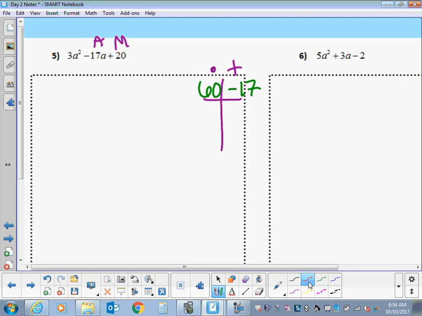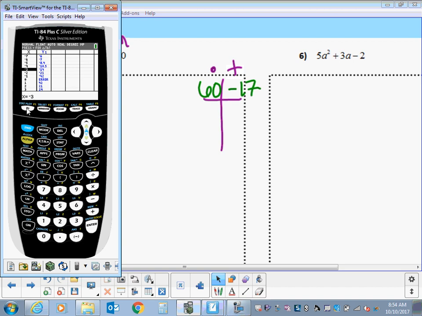Alright, if I were you, I would use my calculator. These numbers are kind of big. We'll go to y equals. 2 numbers that multiply to give me 60. So 60 divided by x in second graph.